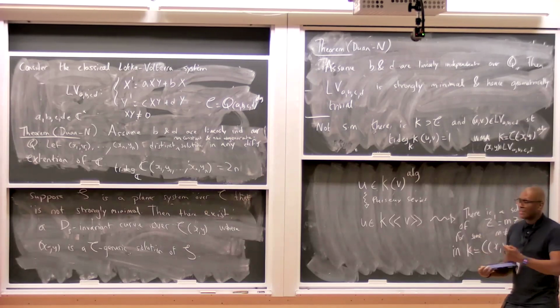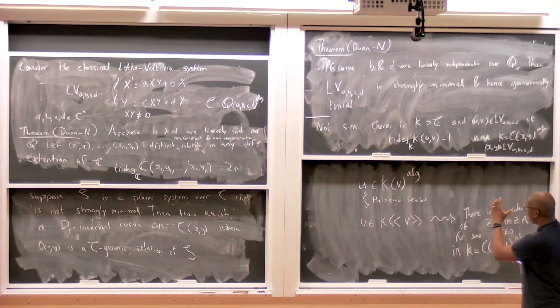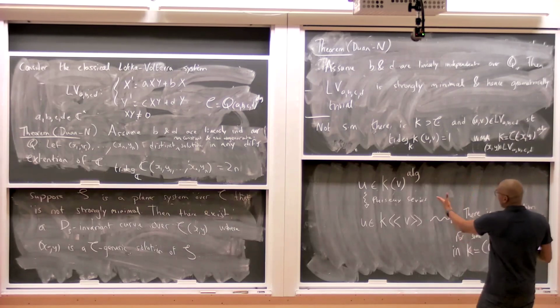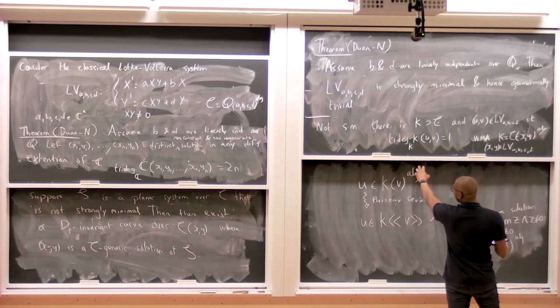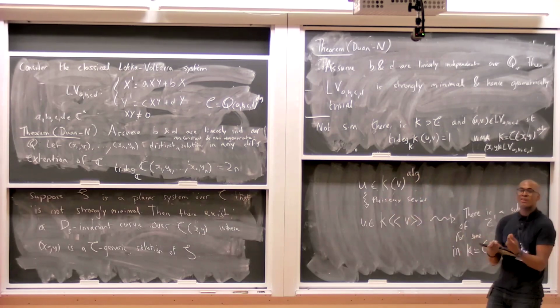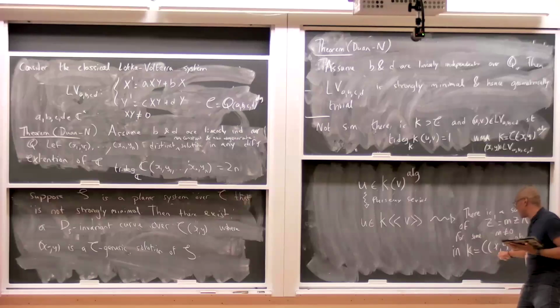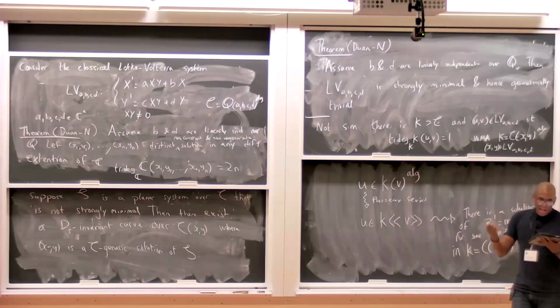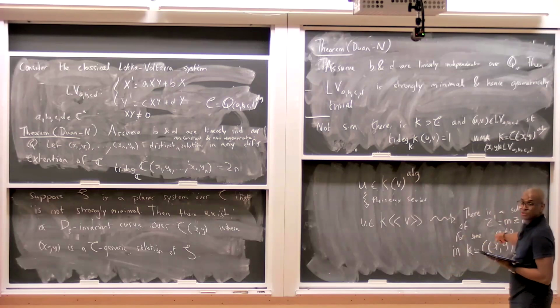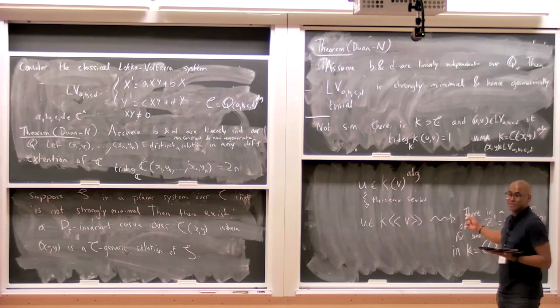So what I'm saying here, and I'll end quickly, is that if you start by assuming non-strong minimality, and use a Puiseux series argument and look at the conditions on coefficients, you end up showing that there must be a solution of the exponential equation in the field generated by one solution. But now you can exploit the fact that this was a solution to the LV system and show that such an exponential equation could not exist.